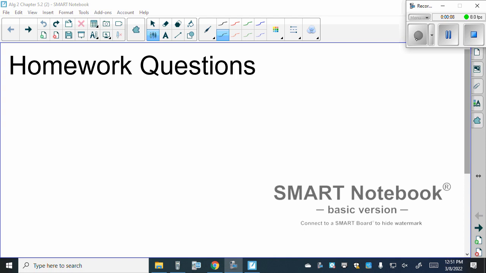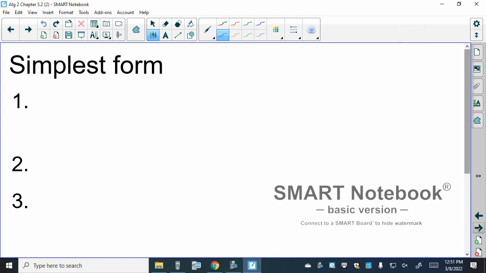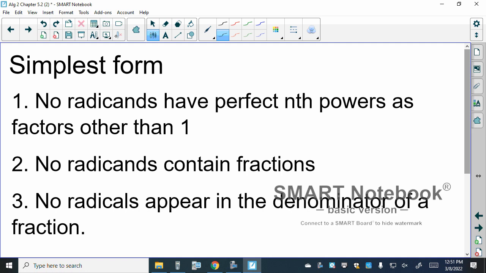So what we're looking at today is continuing on with what we did yesterday, again, simplifying these radicals into a simplified form. A radical is in simplest form if no radicands have perfect nth powers as factors other than 1. We can't have 2 to the 4 halves, we can't leave it like this because we can reduce.